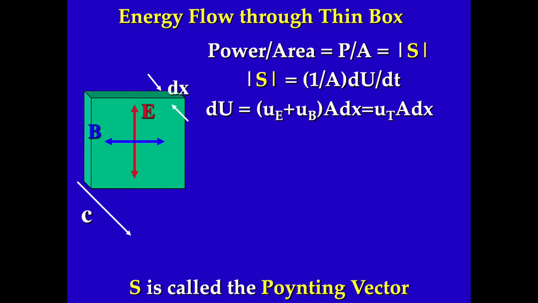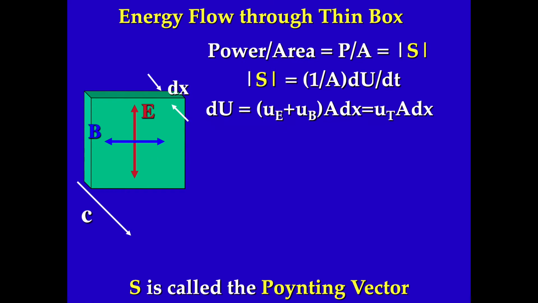But dU is the energy density for the electric field plus the magnetic field times this area times the thickness of the box dx. In other words, it is U total times A times dx. And this is what we talked about in a previous chapter.